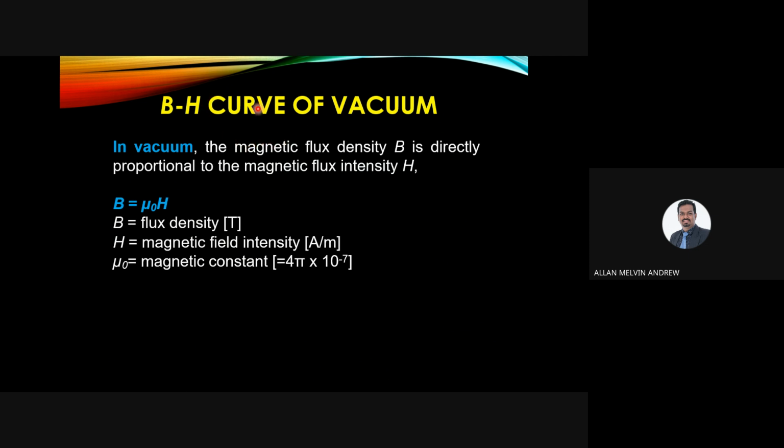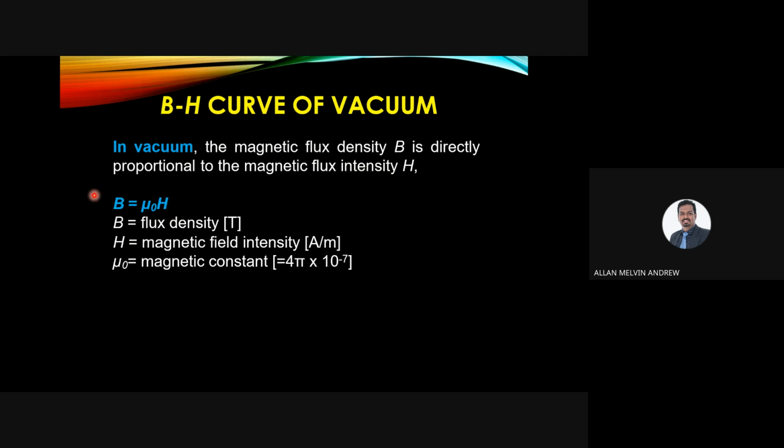The BH curve also applies in a vacuum, but it will be slightly different because there is no gravitational influence acting on the body. In vacuum, the magnetic flux density B is directly proportional to the magnetic field intensity H. We will use this formula if the question mentions it is acting in a vacuum.